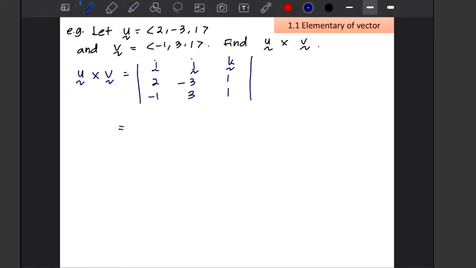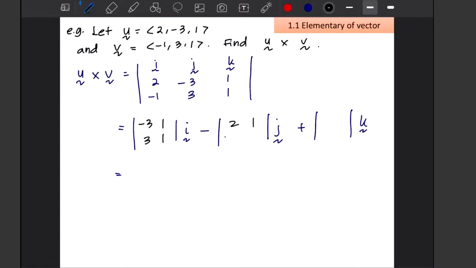Then write the I component minus J plus K. So for the I component we have negative 3, 1, 3, 1. Okay, please do it together. We have 2, 1, negative 1, 1, and 3, negative 1. And then multiply here and minus.